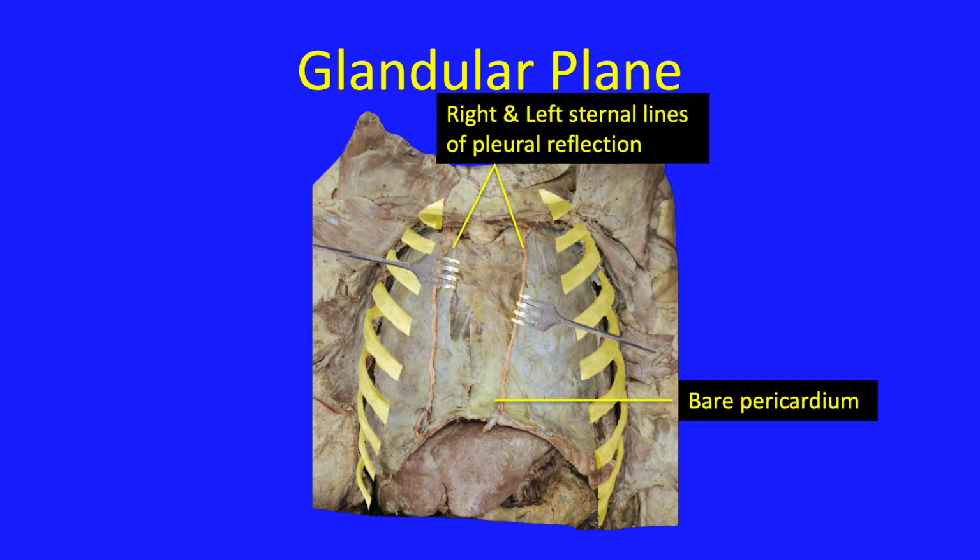If we retract the pleura laterally, we expose a fatty-looking extrapleural material, that is, the thymus in the adult. This plane is a downward extension of the glandular plane of the neck, and it is formed by the thymus gland, a primary lymphoid organ located in the lower part of the neck and anterior part of the superior mediastinum.